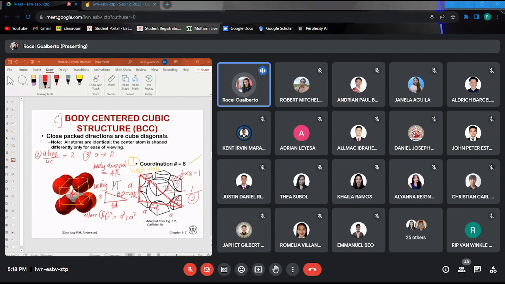Again, lagyan po ng pangalan because I am saving po this Jamboard para I can see who really participates doon sa discussion ko. Okay? So, dito ko po titingnan. Sige po, lagay po natin yung answers natin. Pwede rin po sa isang slide po, hati. Okay? Pwede rin po yun.